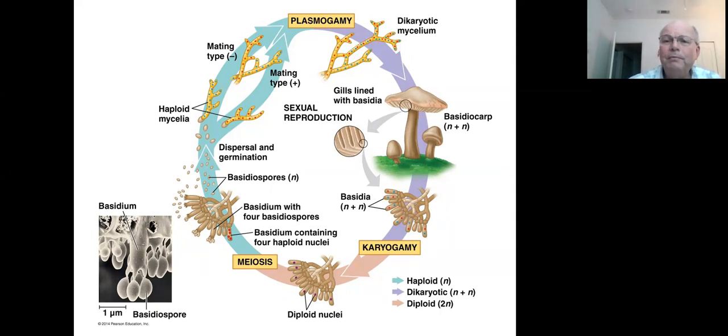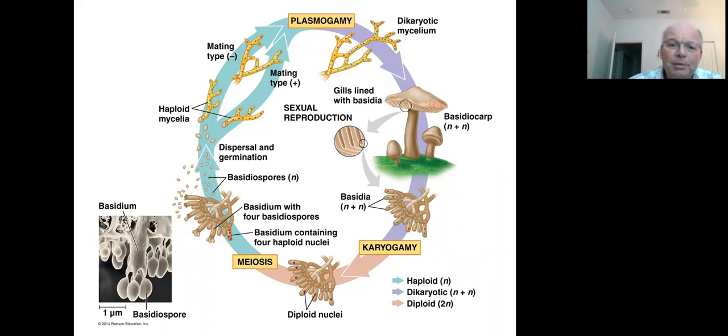Within the cap, you have this highly folded structure developing called the gill. On the surface of the gill, you have the formation of these club-like structures called the basidia. And so these are sometimes referred to as club fungi because of the presence of the basidia.